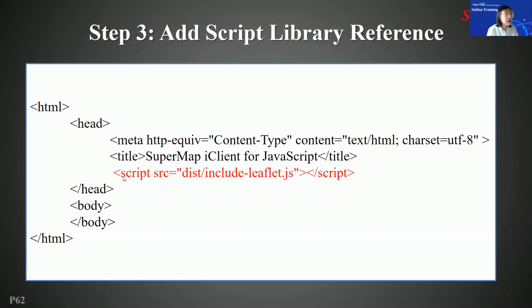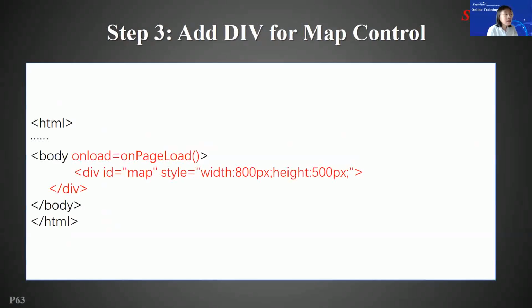Then we add the script library reference, because we use Leaflet. Then we add the div element for the map window. Here we create a div for the map and set its width and height in px, which means pixels.